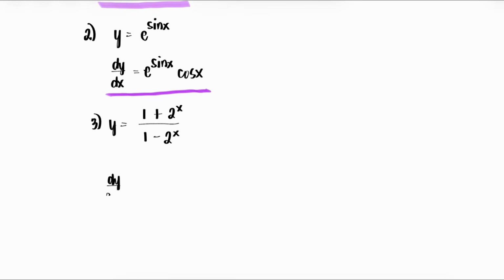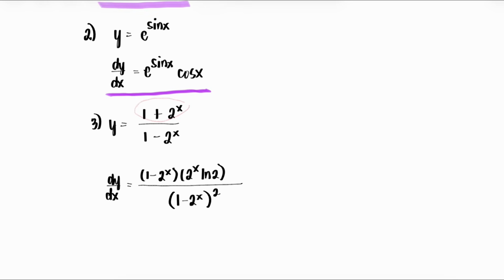So dy dx, write the fraction bar first, copy the denominator 1 minus 2 to the power of x, and raise it to the power of 2. In the numerator, we copy the denominator first, 1 minus 2 to the power of x, and multiply it by the derivative of 1 plus 2 to the power of x, which is simply 2 to the power of x, ln of the base 2.